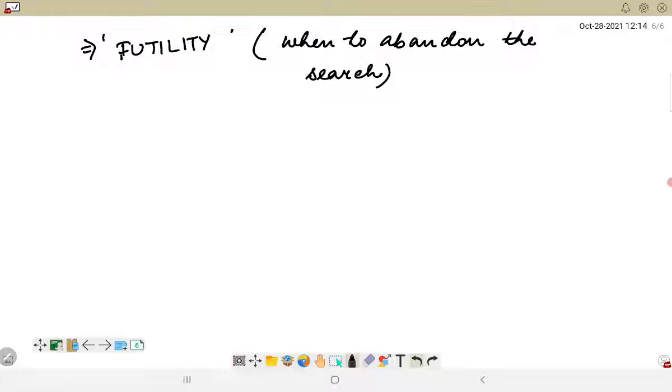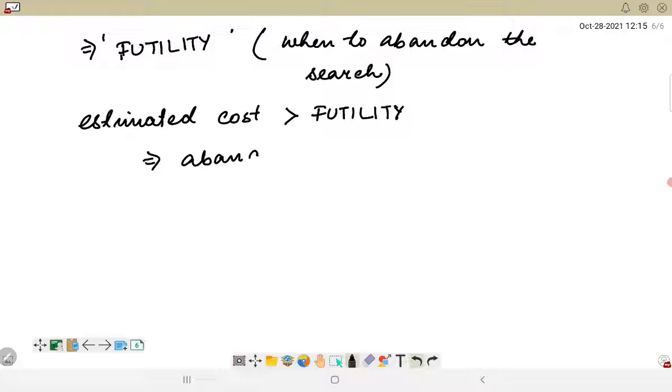Now the question is why we are using this futility value. If the estimated cost of a solution becomes greater than the value of futility, then we will abandon the search. So the condition here is that if the estimated cost is greater than futility, then immediately we will abandon the search.